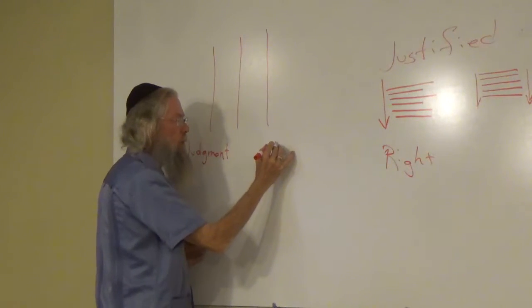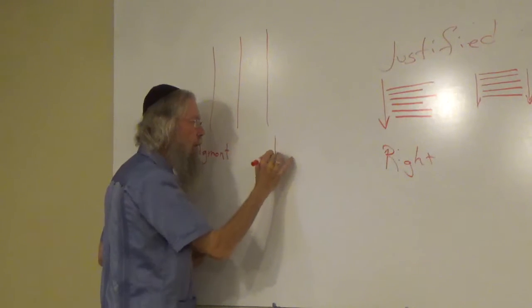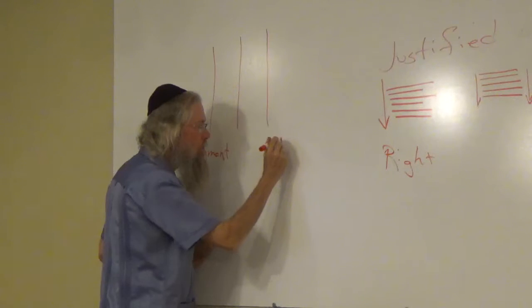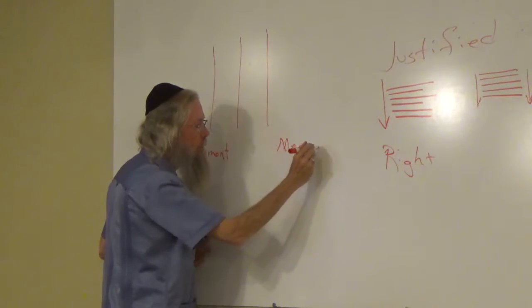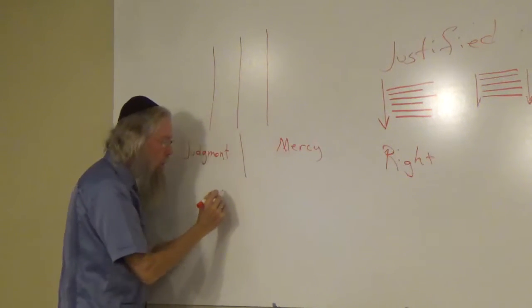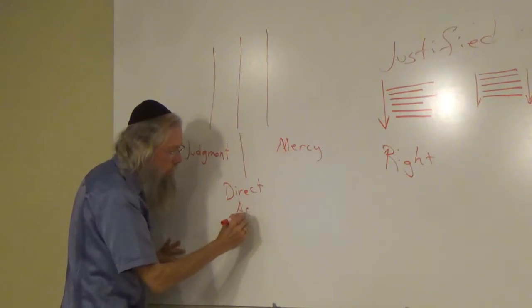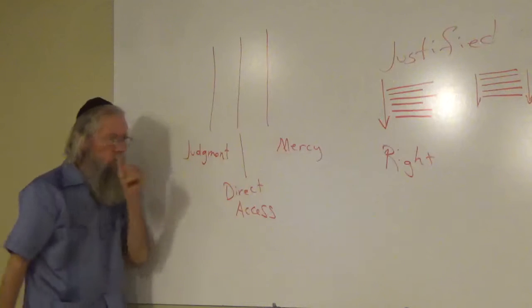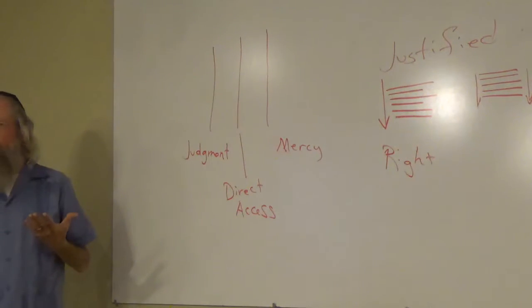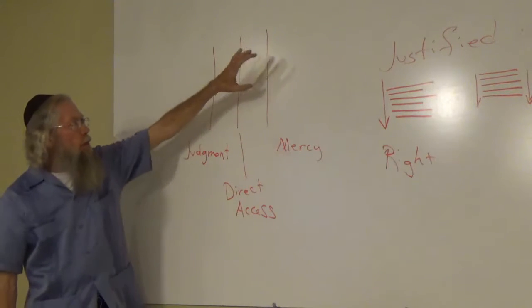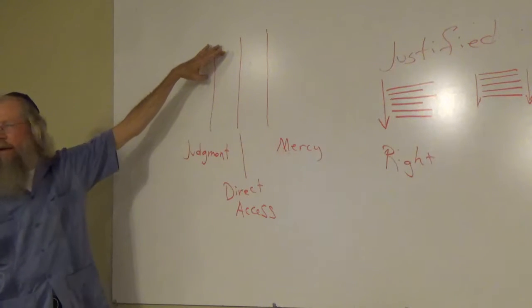And the right pillar is called the pillar of kindness, mercy, Chesed. The middle pillar is called the pillar of direct access. And on these three pillars hang the 10 attributes, the 10 Sephirot.